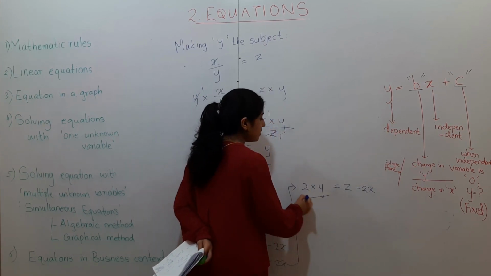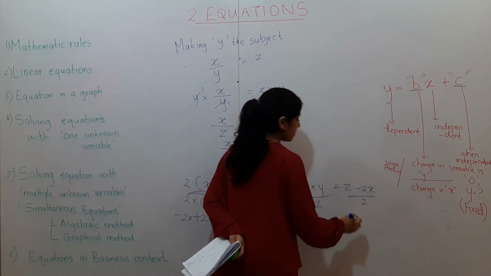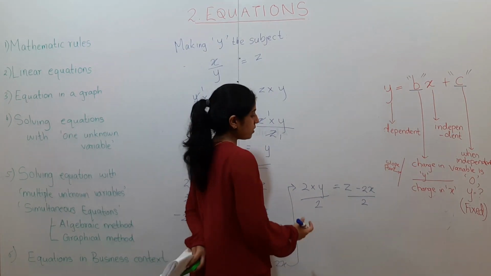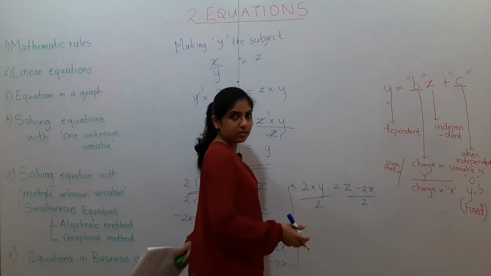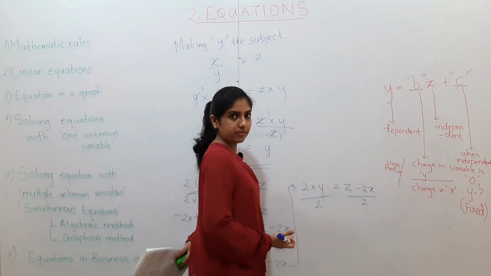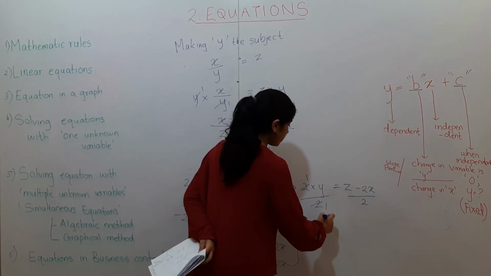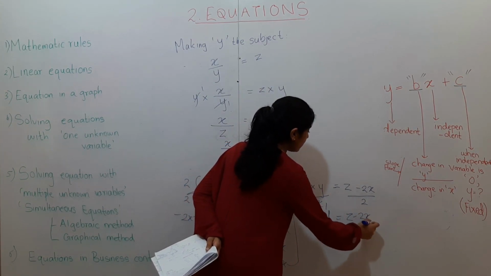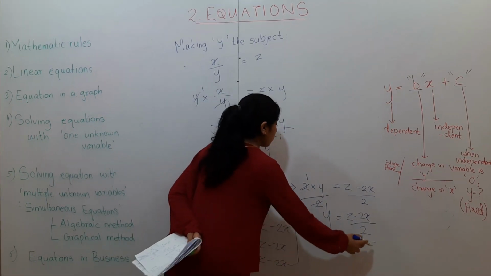So I divide this by 2 and divide this side also by 2, because my first rule of an equation is to do the same thing for both sides. So 2 and 2 cancel off, y equals z minus 2x divided by 2. This is type 4.